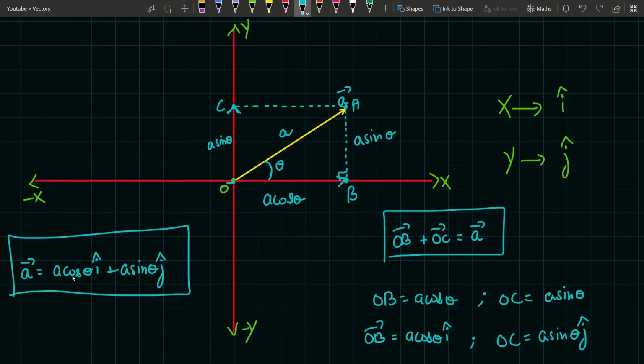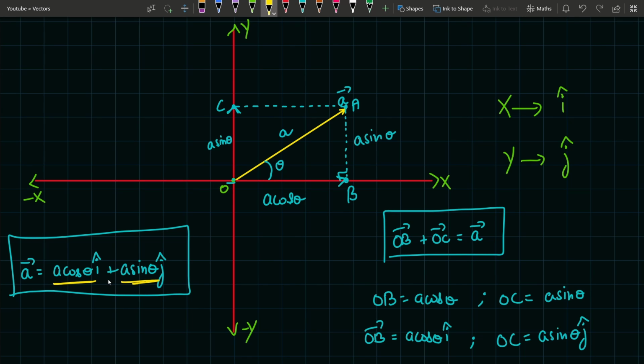And that is called the resolution of the vector A in terms of i cap and j cap. So we have written the vector A in terms of its x component and y component.